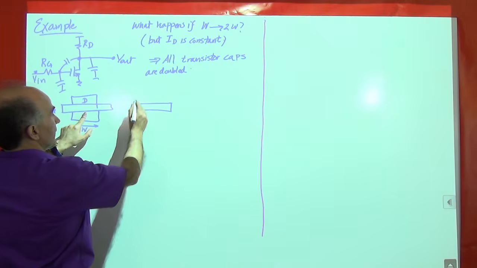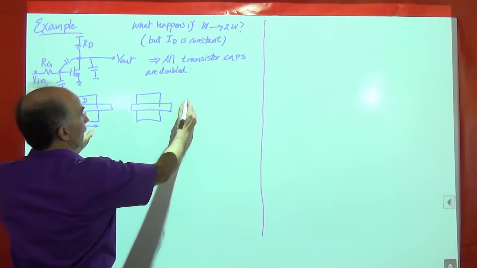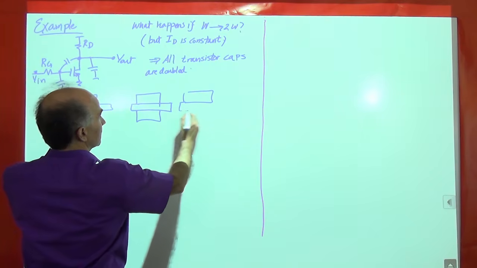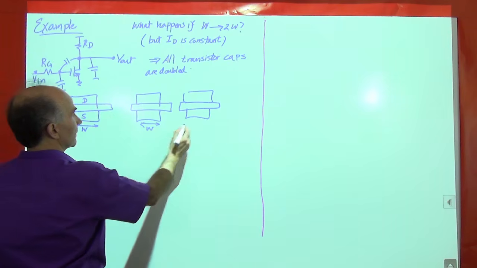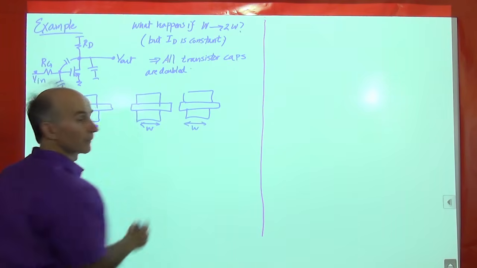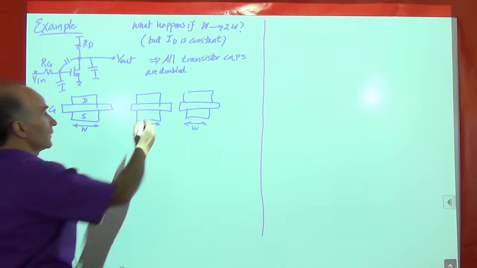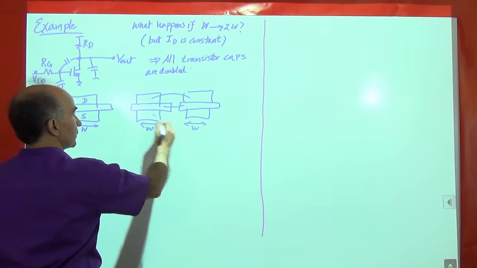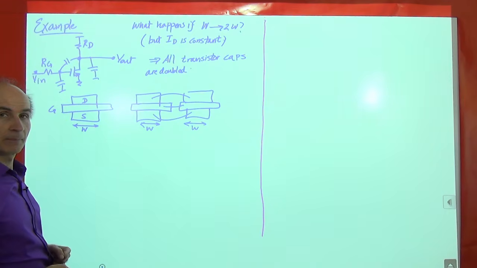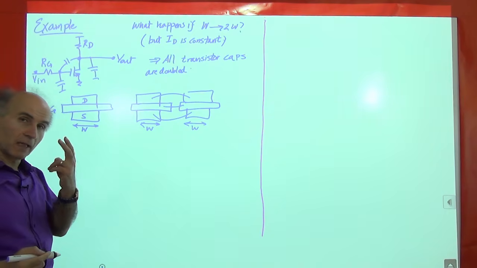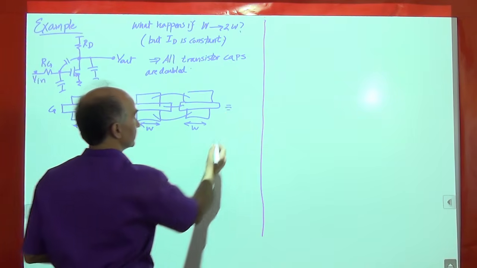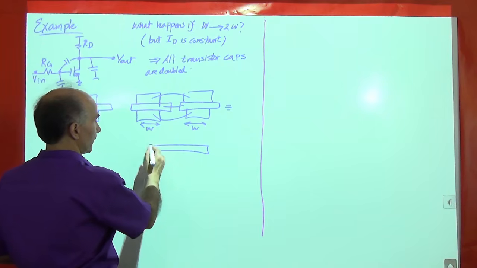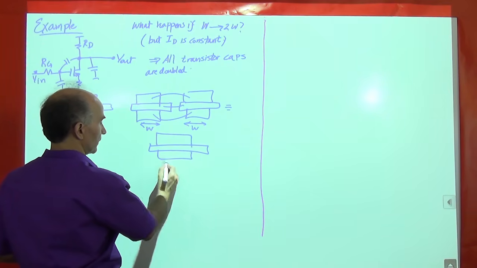We take this MOSFET, we copy it, each one having a width of W, and we put them in parallel. So we short these two, we short these two, we short these two, right? That is equivalent to having a width of 2W. So this is equivalent to having a width of 2W, right?